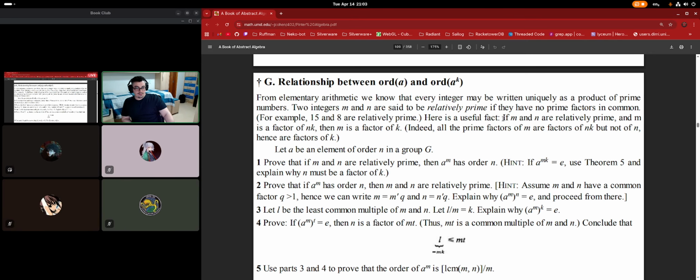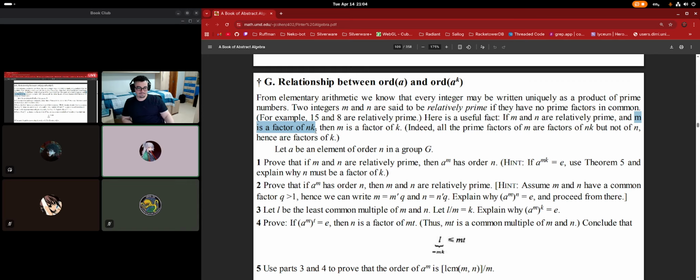Okay, so examples again of this fun fact. We know that m and n are relatively prime, which means that they don't have common prime factors when you factorize them, and m is a factor of n times k. But that's the thing that bothers the shit out of me. How is that true? Can you have an m that is a factor of n times k, and they are still relatively prime? That's weird. m is relatively prime to n.